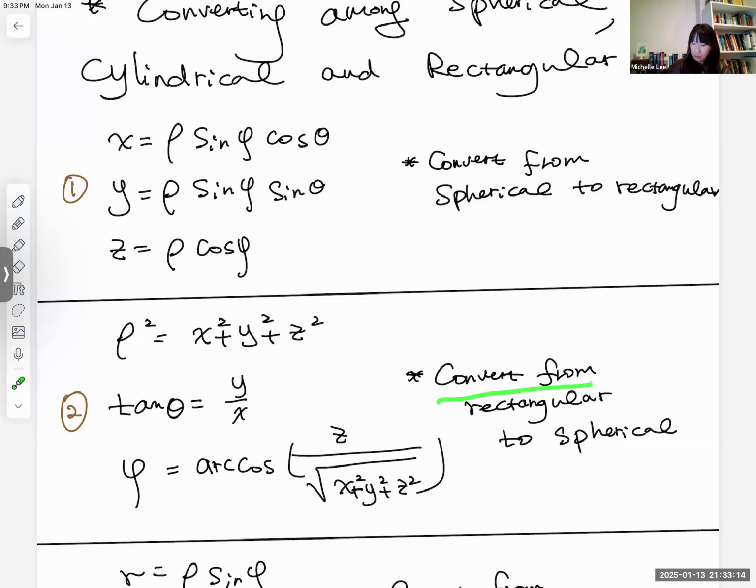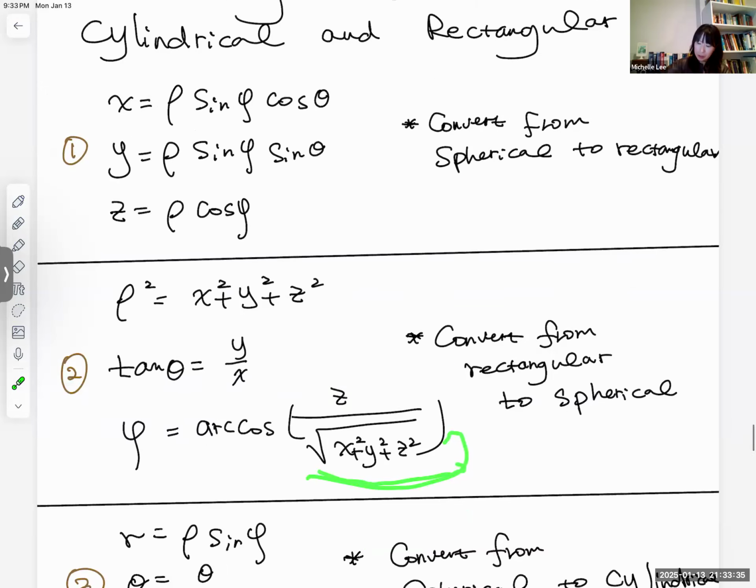And this is converting from rectangular to spherical. Rho squared equal to x squared plus y squared plus z squared. Tan theta is the same, y over x. Phi equal to arc cosine of z over square root of x squared plus y squared plus z squared.